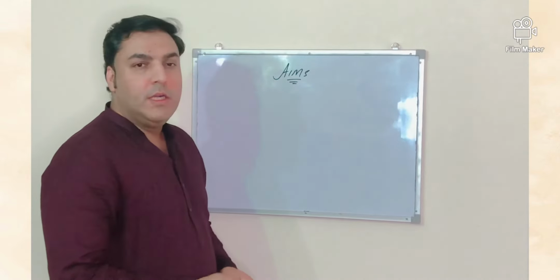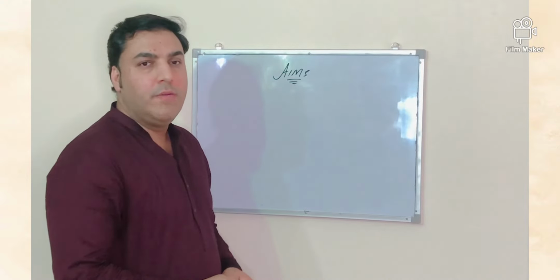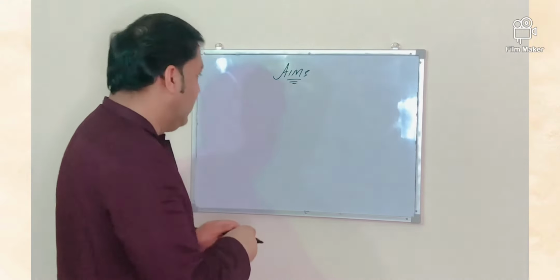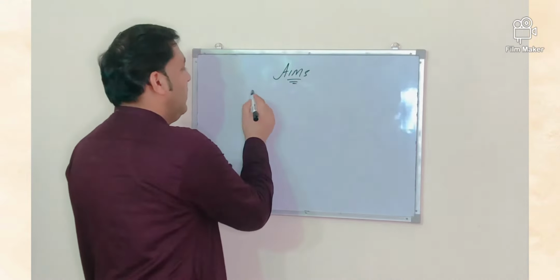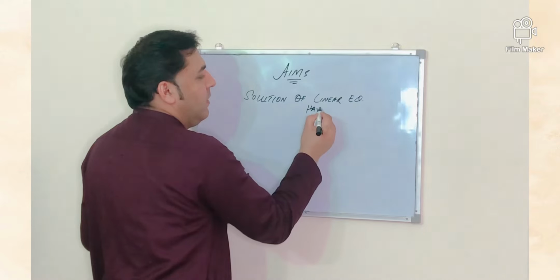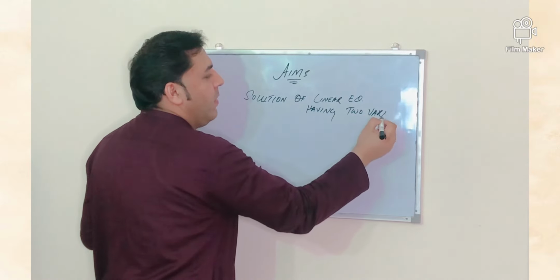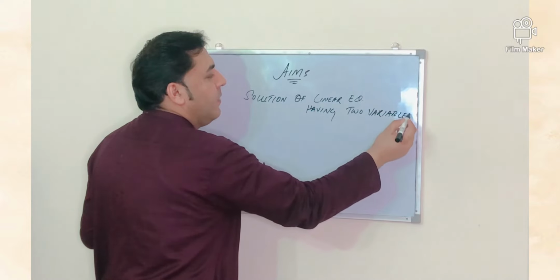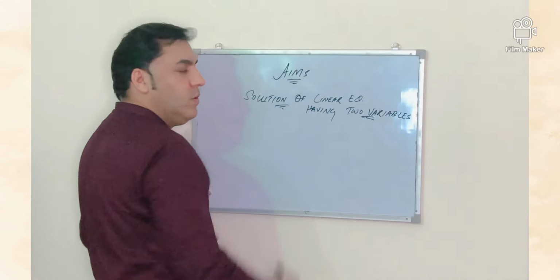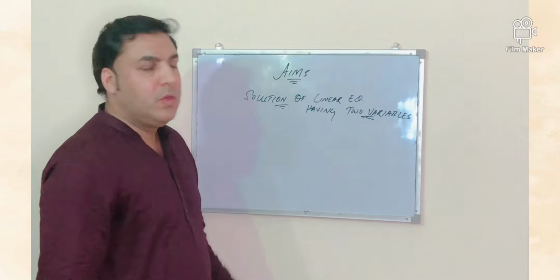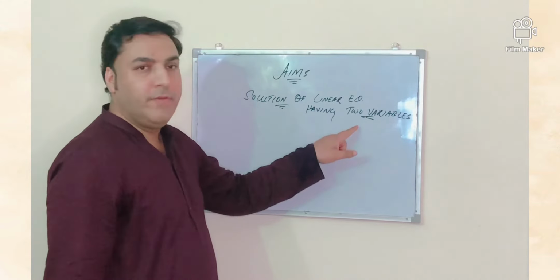Okay, so now we will move towards solution of linear equations having two variables. In our previous lecture and today at the start we discussed about solution of a linear equation in one variable.